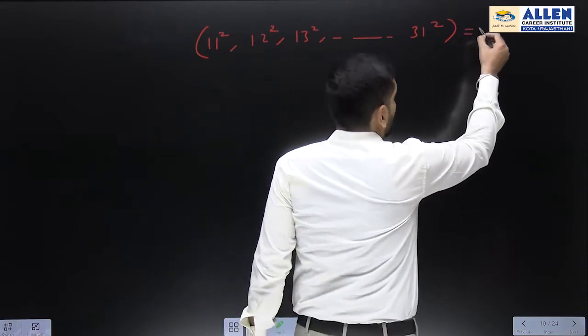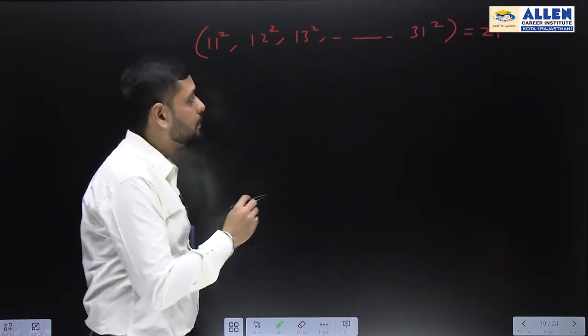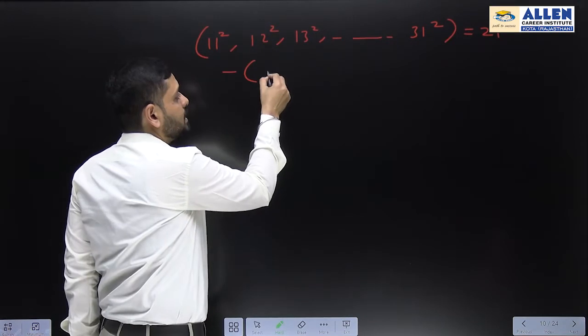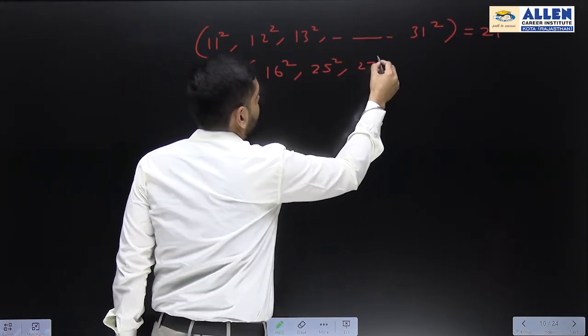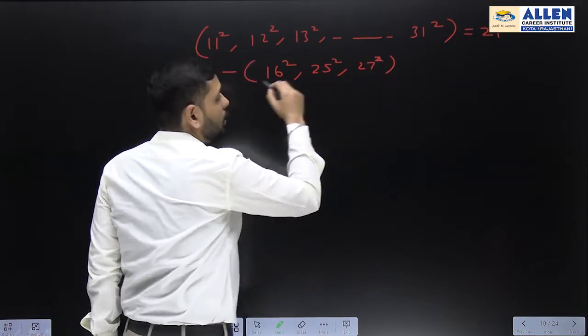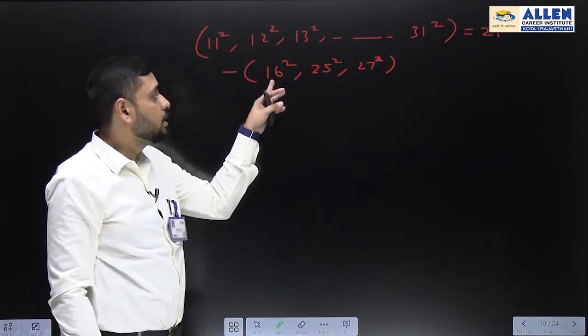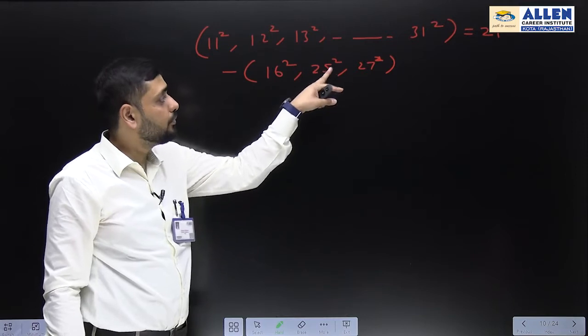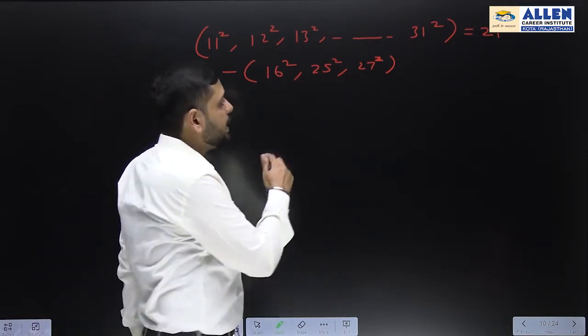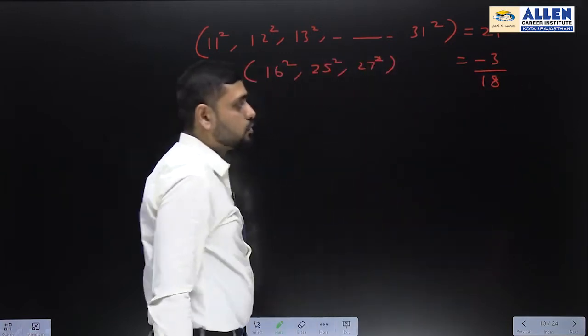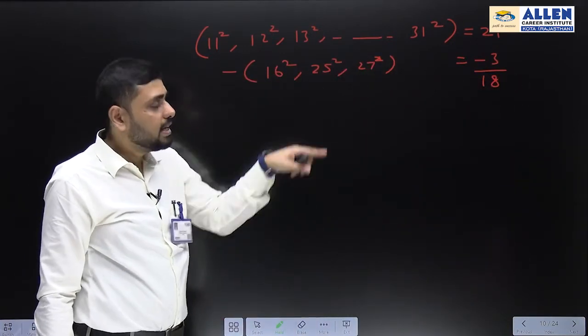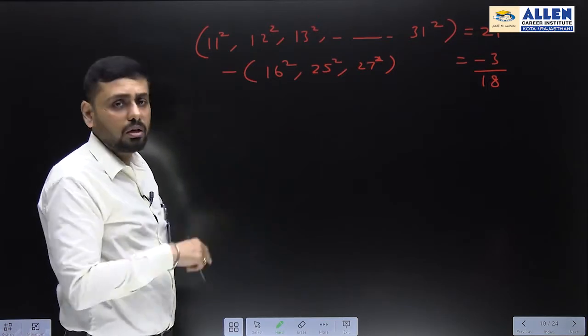But from these we need to subtract some numbers like 16 to the power 2, 25 to the power 2 and 27 to the power 2, because all these we have already considered in the series of 2, the series of 5 and the series of 3. So we need to subtract these 3 numbers. So we'll get 18 numbers. Previously we got 22 numbers, here we got 18 numbers.